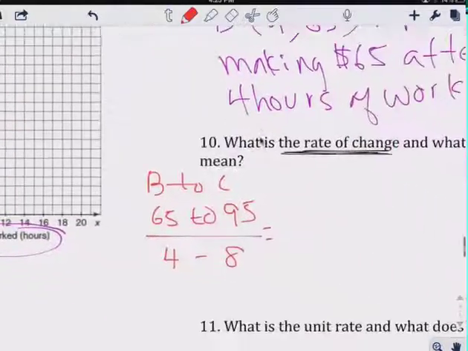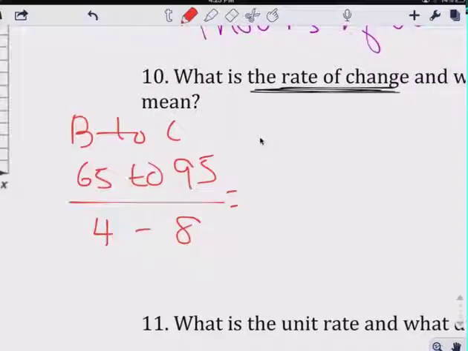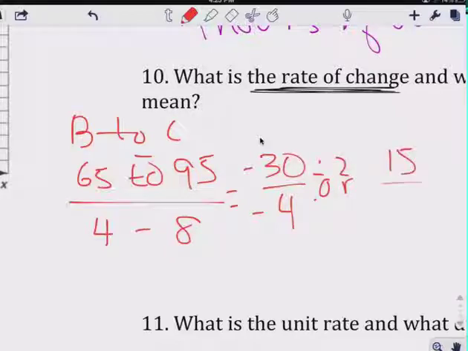So basically this is 30 over negative 4, that's a negative 30 over 2 because you minus, make it a positive, and when you reduce by 2, you get a positive 15 over 2.